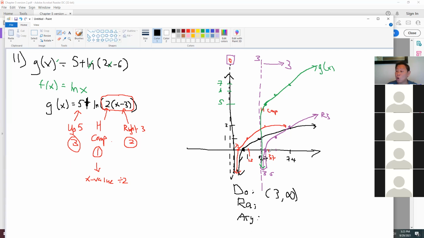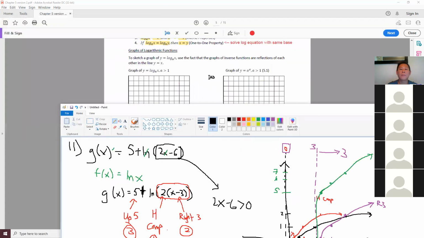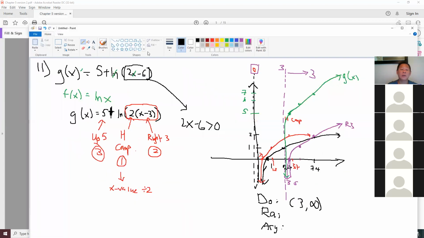If you do not know this, you can always take the argument of the log and make it equal to 0. Remember we did that the first time. You can take this equals and solve for x. And your x in this case is x greater than 3, which is 3 to infinity. So you can do it that way too.